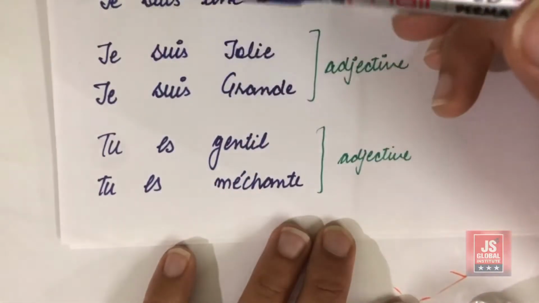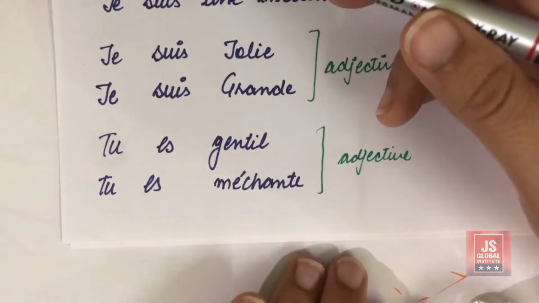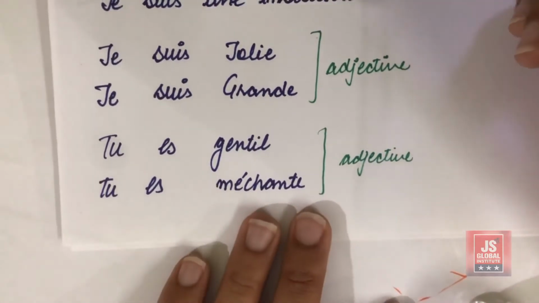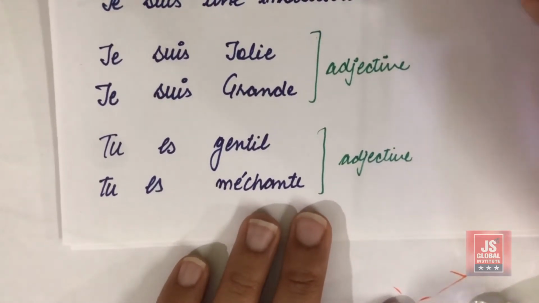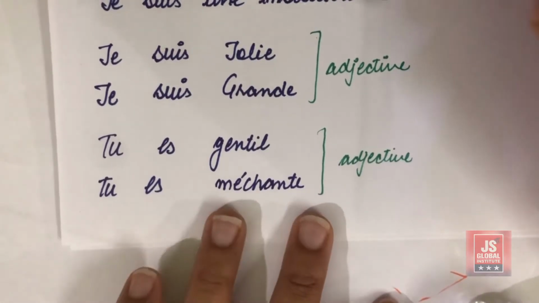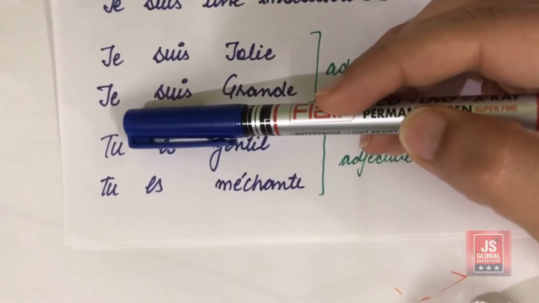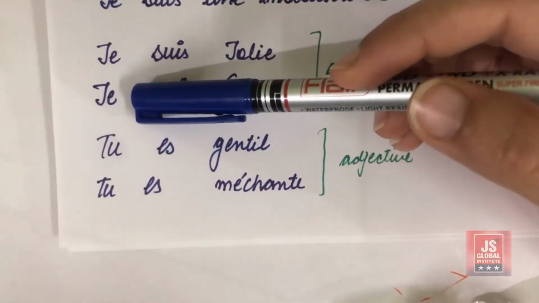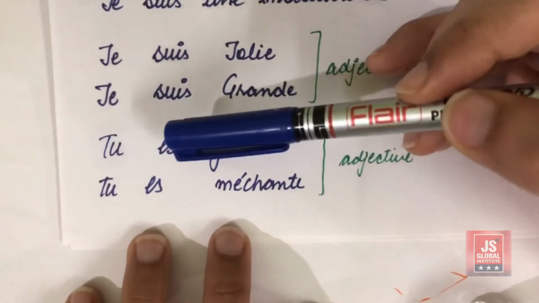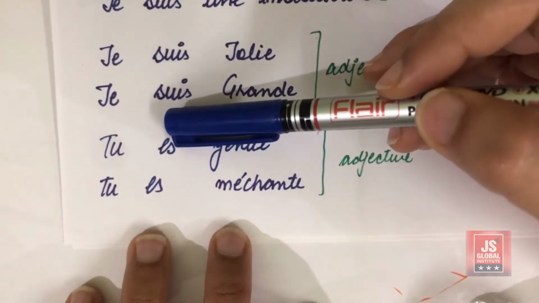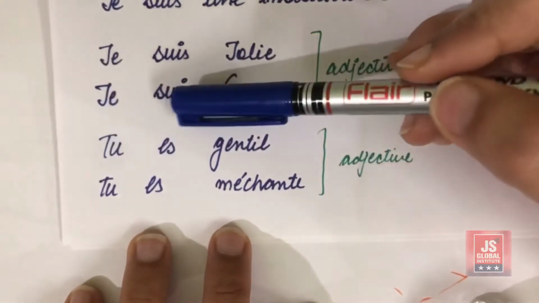Okay, next is tu. So in être verb or in any verb basically we have les pronoms sujets, that is je, tu, il, elle, nous, vous, ils and elles. So je means I, tu means you in an informal sense, okay, and with tu we use the conjugation es, okay, which means you are.